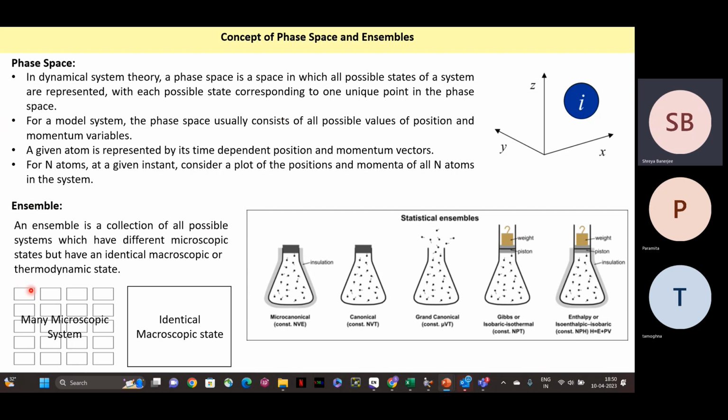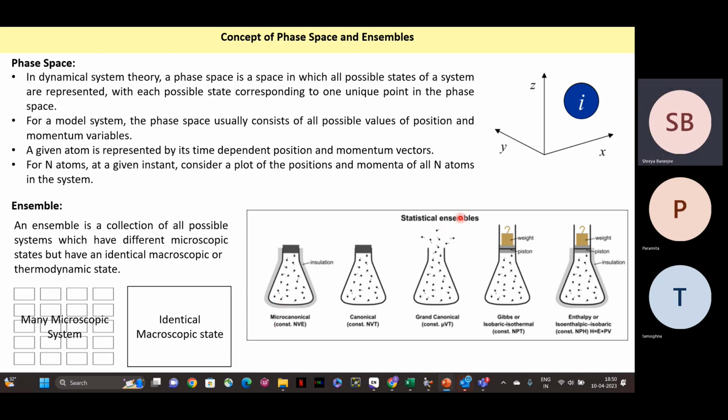In that homogeneous solution, you have many microscopic states, where each separate atom is a different microscopic state. But the homogeneous solution has the same macroscopic state because the solution will only have a single temperature, a single volume, and a single pressure. So the macroscopic properties of the solution are all the same.